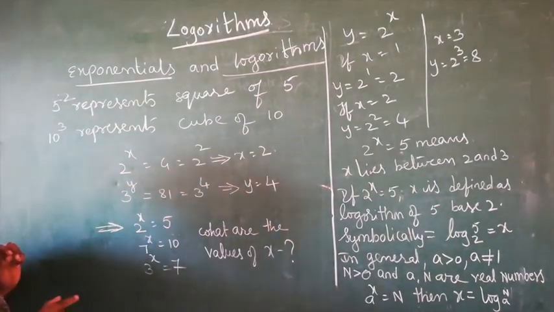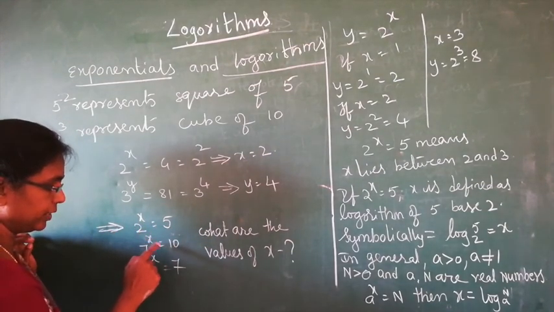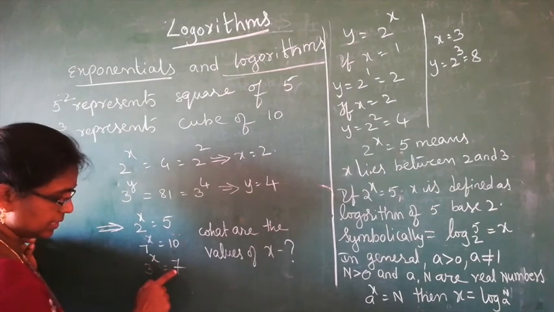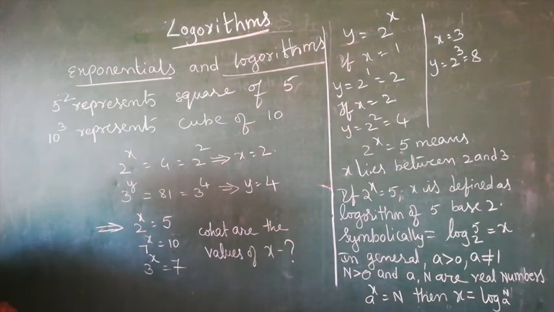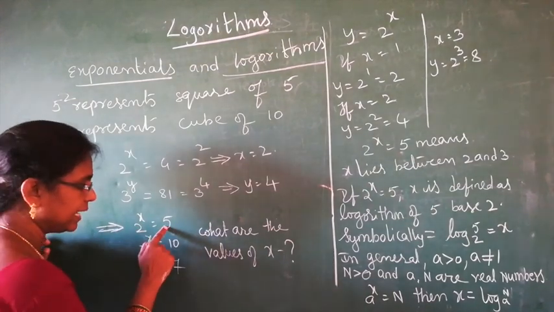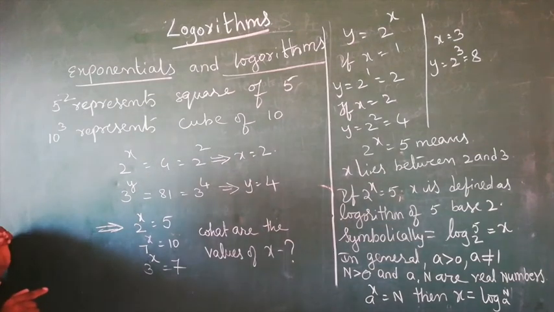Suppose, how will you find the value of x in 2 to the power of x equals 5, 7 to the power of x equals 10, 3 to the power of x equals 7? Because here we can't write 5 with base 2. What is the x value?